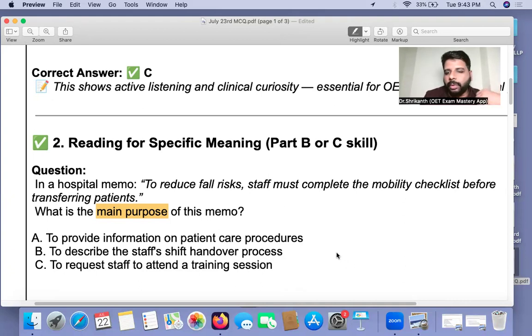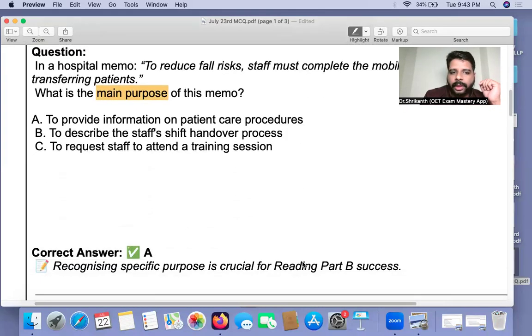Purpose basically means what? Why? Okay, the reason. So here when you read the statement, you should not give importance to the direct meaning. You must think, why was this statement written? Okay, what is the purpose? What is the reason? That is what you need to find out. So here the right answer option is going to be A.